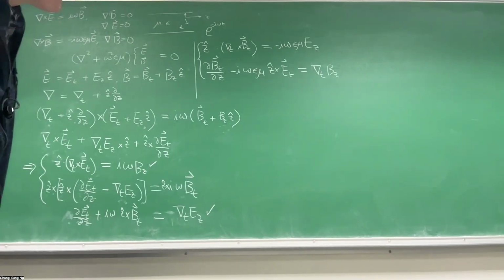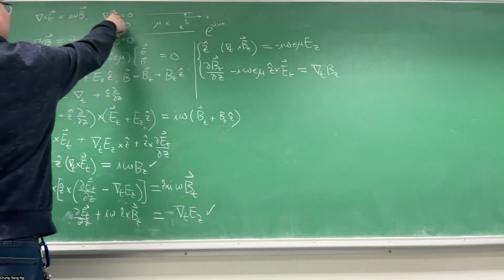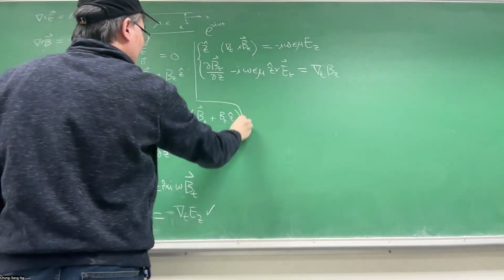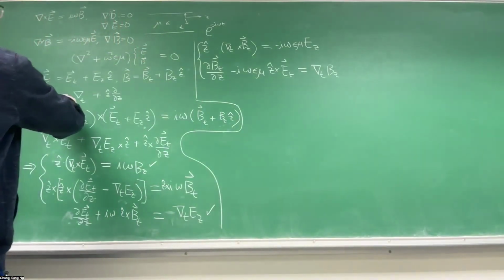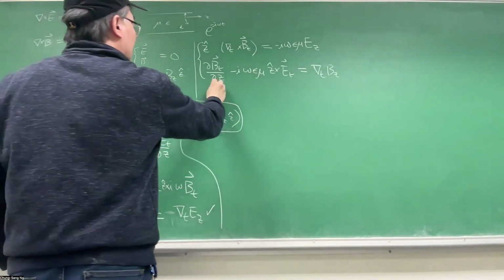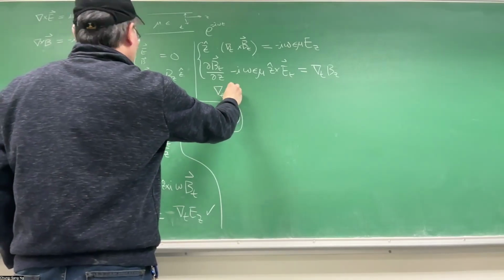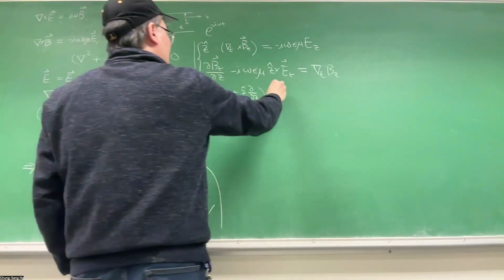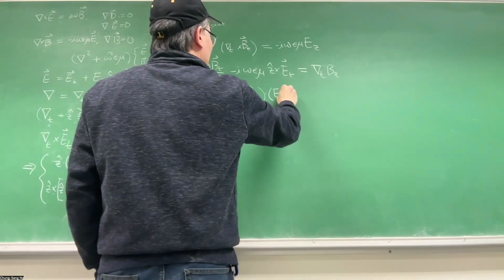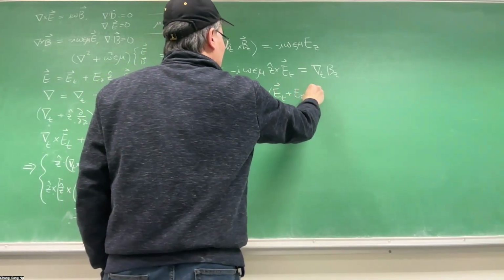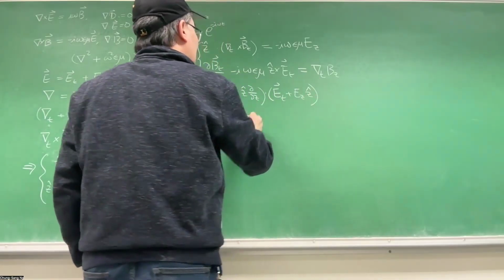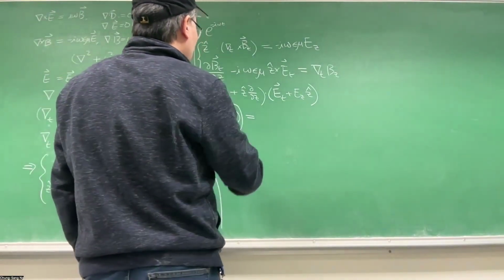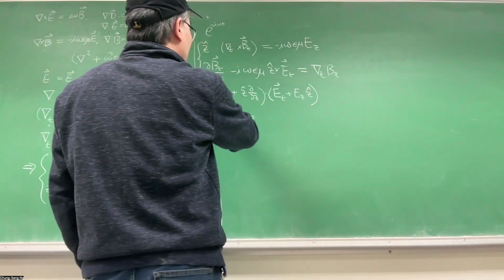Okay, and then finally are these two divergence equations, which are straightforward. Divergence is this one. So that's divergence of E. Dot into E_t plus E_z. And this is a transverse direction, right?